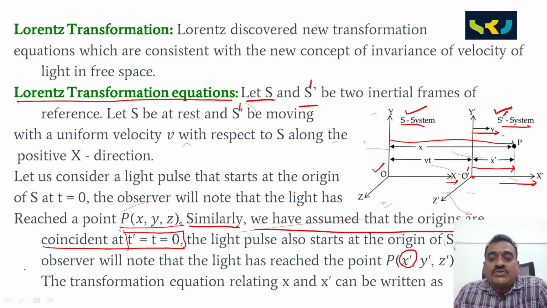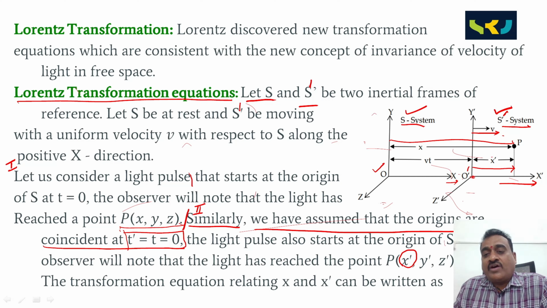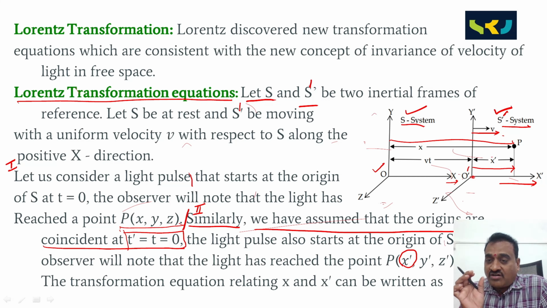The observer will note that the light has reached a point P, x, y, z. That is step 1. Similarly, in step 2 we have assumed that the origins coincide, and the time t dash is equal to t is equal to 0.